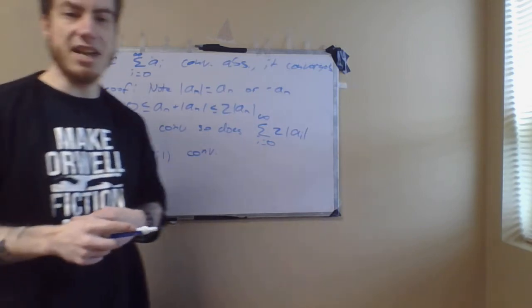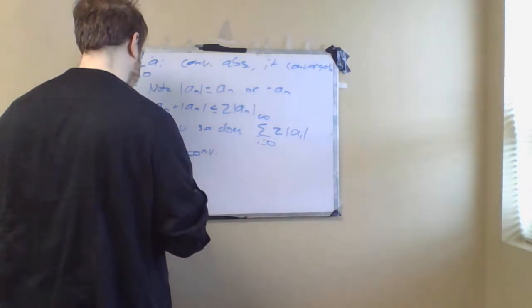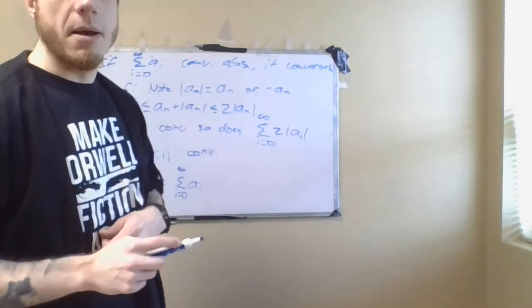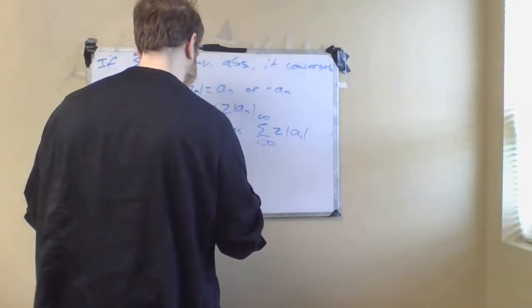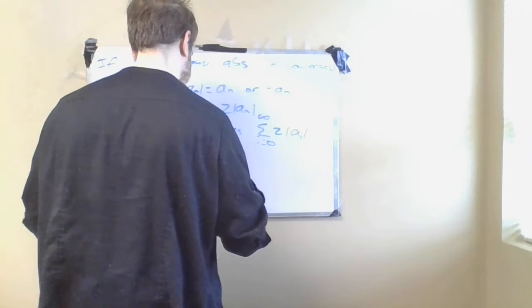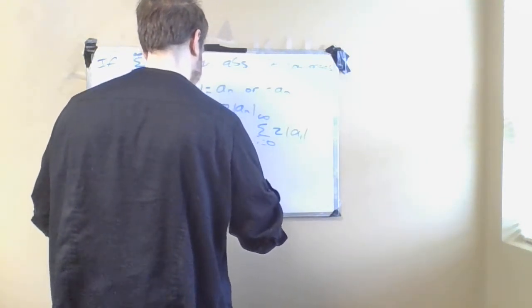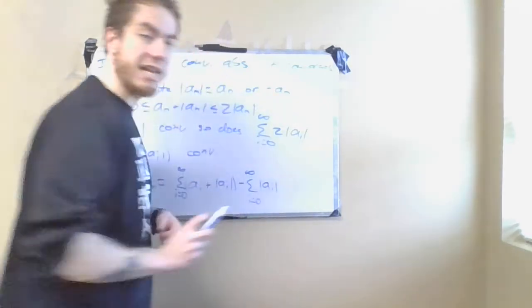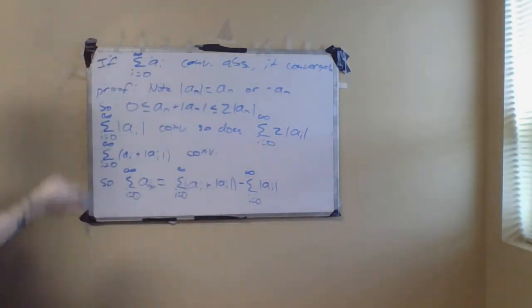The sum of these a sub i's is equal to the sum from i equals 0 to infinity of the a sub i's plus the absolute value of the a sub i's, minus the sum from i equals 0 to infinity of the absolute value of the a sub i's, and therefore this thing converges, since it's the difference between two convergent series.